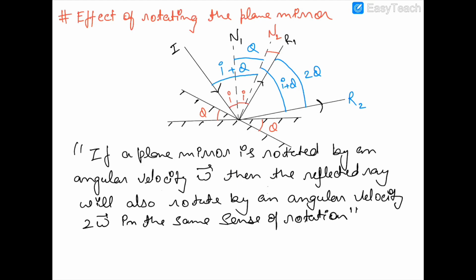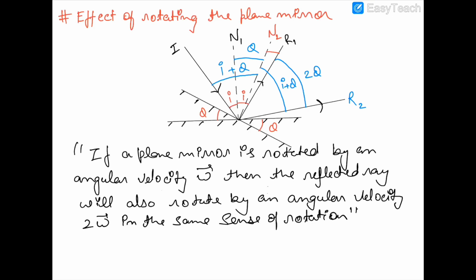So this is the conclusion, and I'm reading it out once again: if we rotate the plane mirror by an angular velocity omega, keeping the incident ray fixed, then the reflected ray also rotates by an angular velocity 2 omega in the same sense.